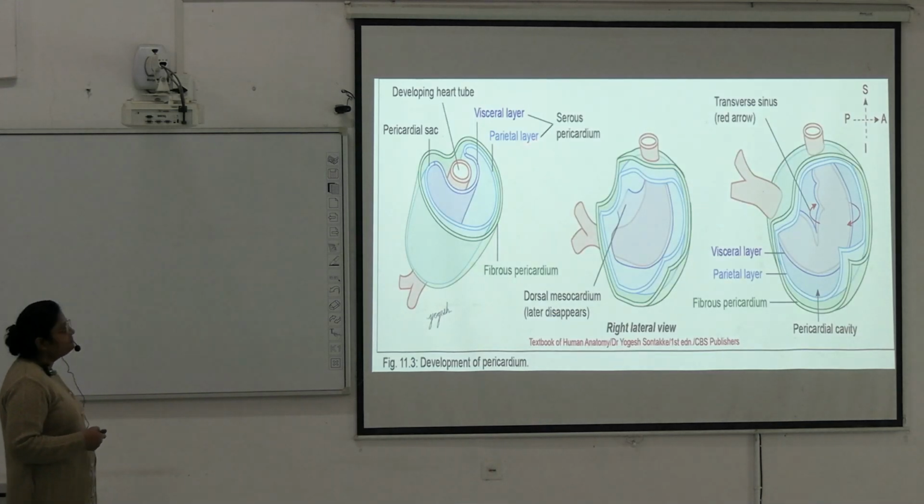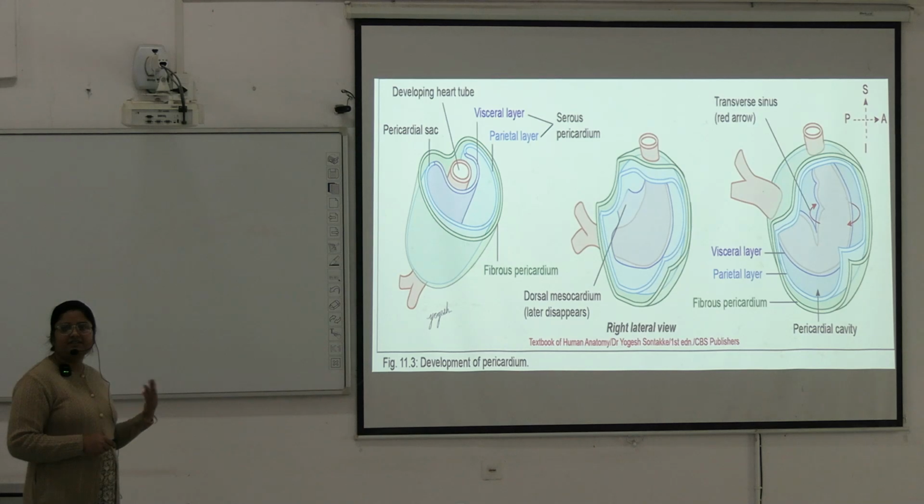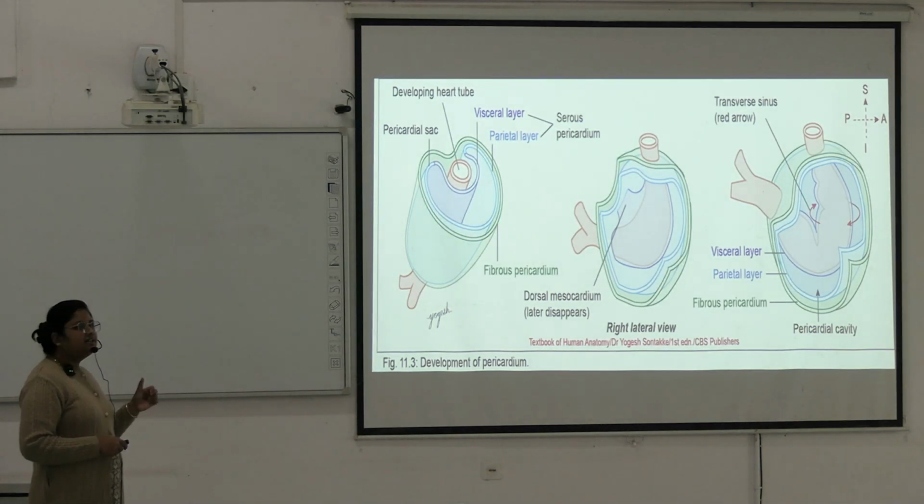See here, the development has been shown. See the red tube, this is the heart tube. Above there is the arterial end, below the venous end. So this heart tube is folding on itself so that the arterial and venous ends come closer to each other. Arterial end later on forms the ascending aorta and the other end forms the pulmonary trunk. These two are lying together in the viscera of the heart.